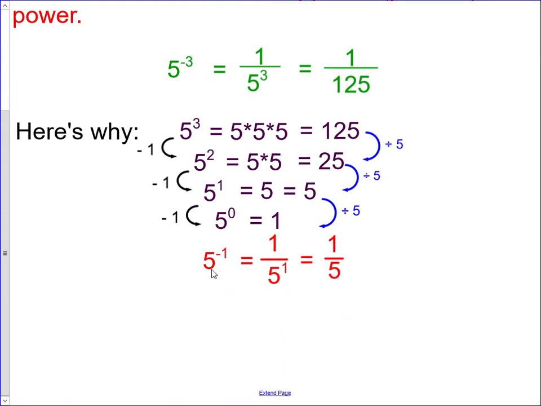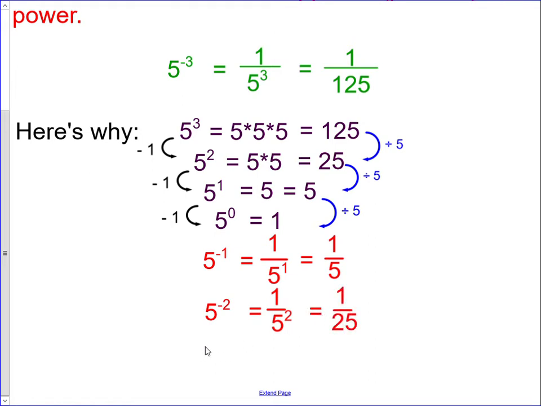Let's go ahead and continue this pattern. If we keep subtracting 1 from the exponent, we would be at 5 to the negative 2 power, which according to the rule would be 1 over 5 to the second power. And we know that 1/5 divided by 5 is equal to 1 over 25.